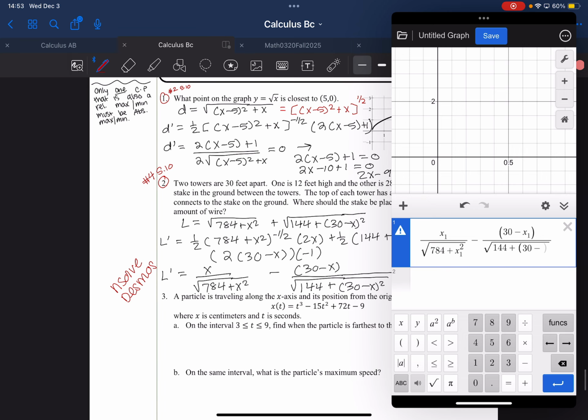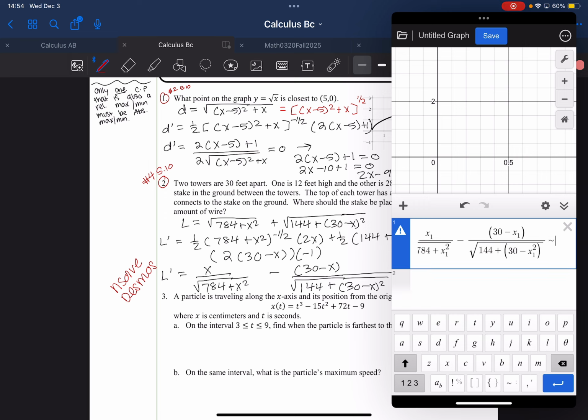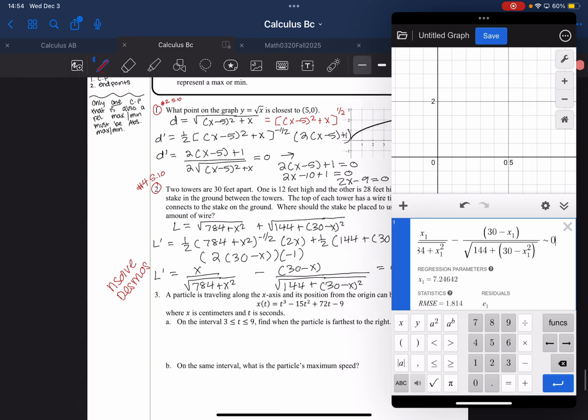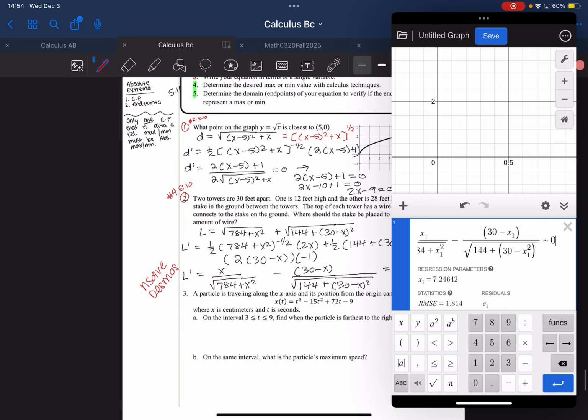Okay, so x sub 1 and then squared. Okay, so that's my derivative. I just switched out all the x's for x sub 1, and I'm going to set this equal to 0 by using the tilde and then 0.